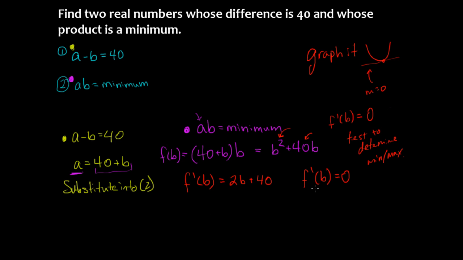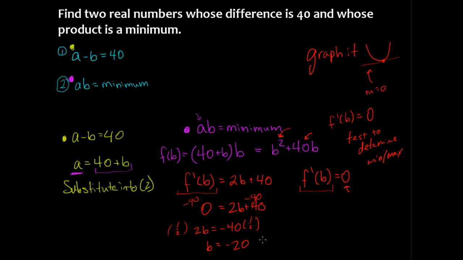So 0 is equal to 2b plus 40. I'm going to flip this around, by the way, and first I'll subtract 40 from each side. So I have 2b equals negative 40. Multiply each side by 1/2, or divide by 2, same thing, and you have b equals negative 20.